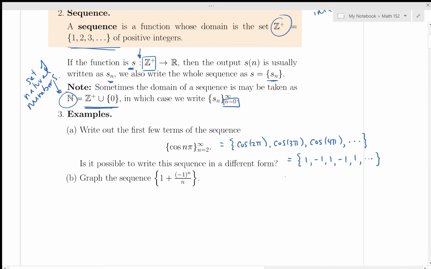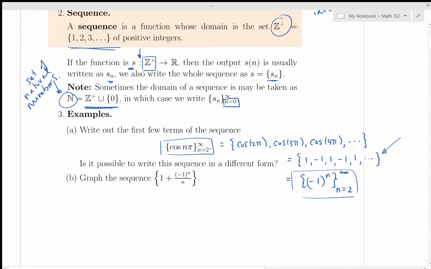So I could write this in what looks completely different: the set of numbers computed as minus 1 to the n for n equals 2 to infinity. It looks quite a bit different, but the two give me exactly the same sequence of numbers. It is just a list of numbers.